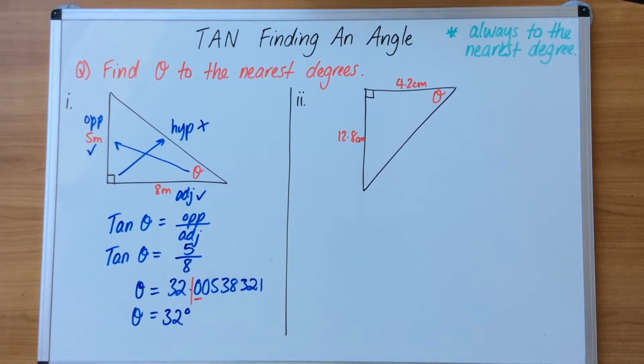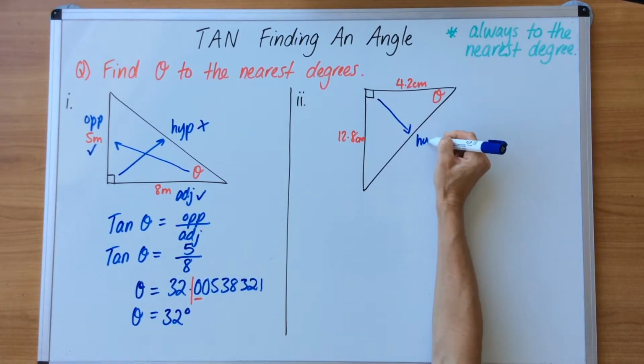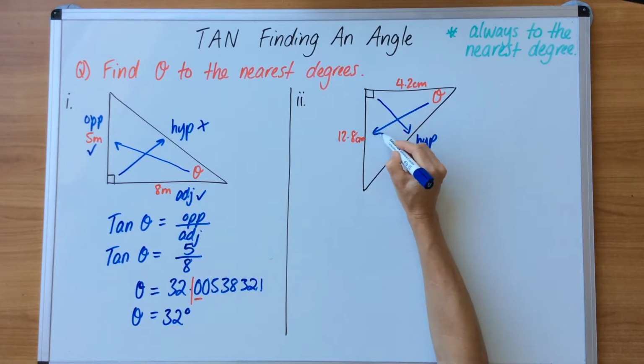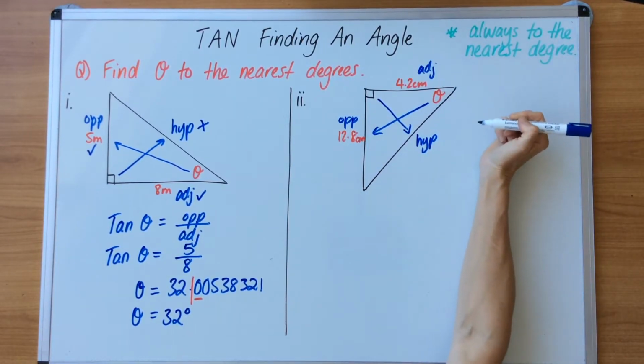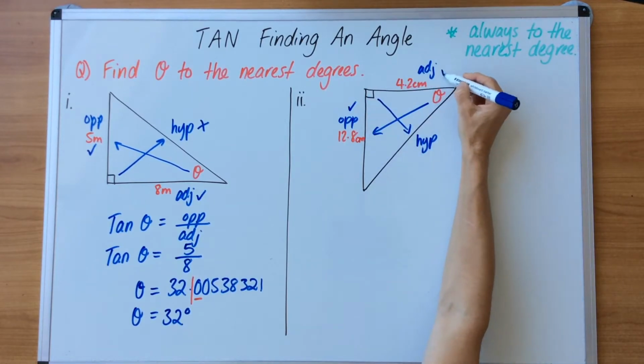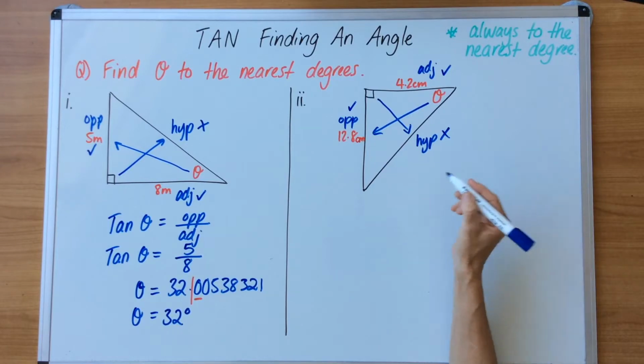Let's take a look at the second question here on the right. Again, we are going to label. So we label the height, we label the opposite, and we label the adjacent. We've got opposite information, adjacent information, but not hypotenuse information, which tells me it's a tan button.